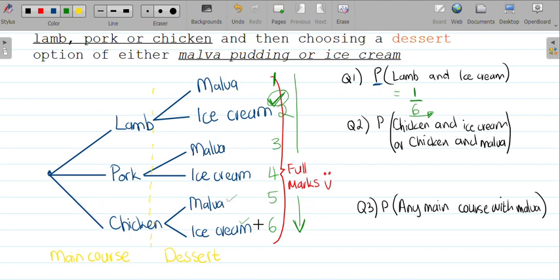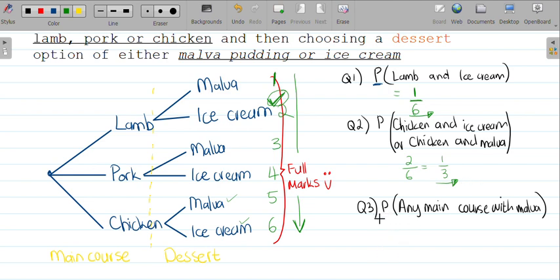That's the other option. So we have 2 favorable outcomes in this instance, out of a total of 1, 2, 3, 4, 5, 6. So our answer is going to be 2 favorable outcomes out of a total of 6. And remember, we always need to write the answer in its simplest form. So that is as simple as that gets.